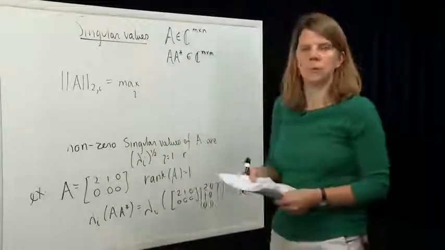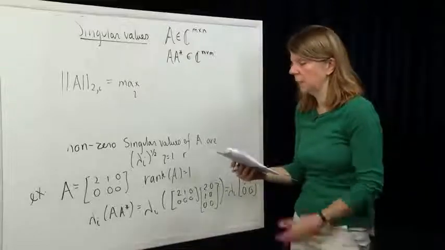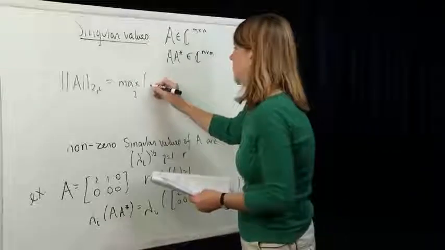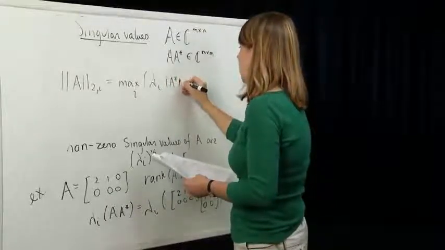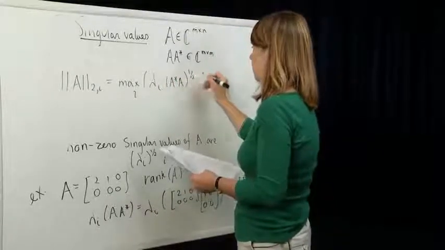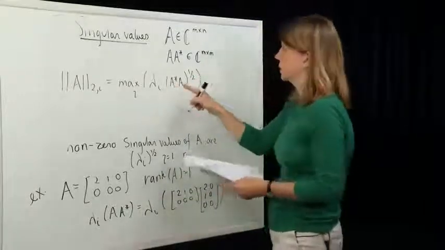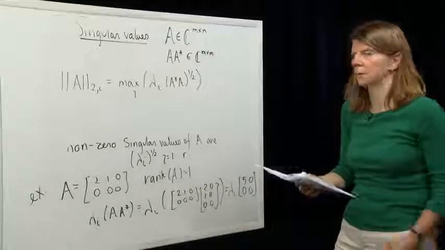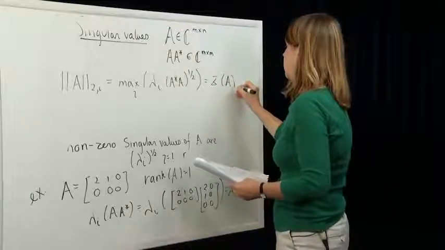We didn't actually prove this when we went through induced norms, although I suggested it was a nice exercise to try. It's the maximum eigenvalue of the matrix product A star A, to the 1/2. So you take the largest eigenvalue and then you take its square root. That is the largest singular value of the matrix A.